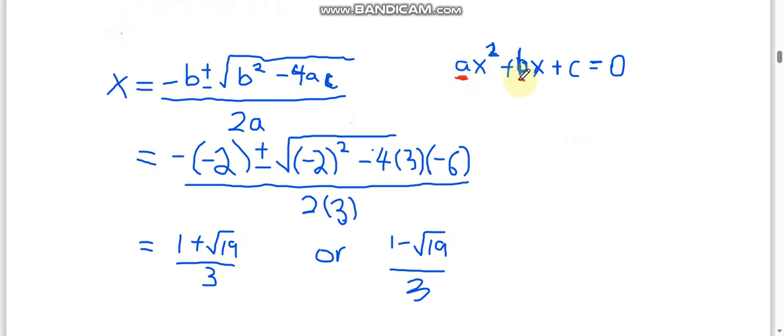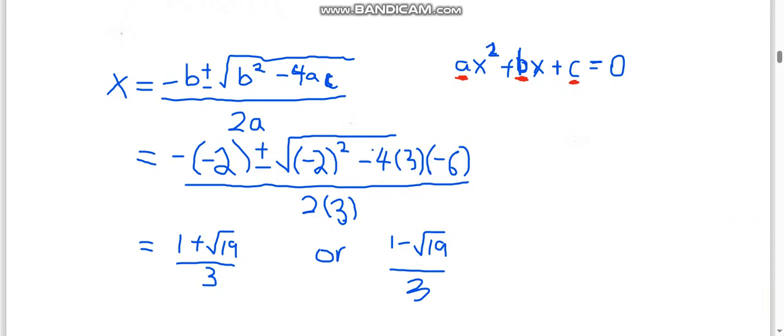This is the value of b, which is the coefficient of x, and c is just a number standing by itself. It has a coefficient of x to the power of 0, meaning it's basically 1. So we have the value of a here, b here, and c here. We are going to do the same with this question.